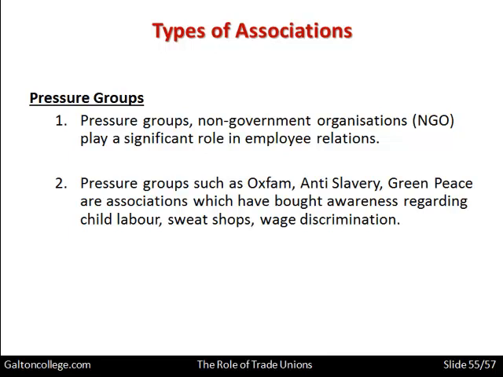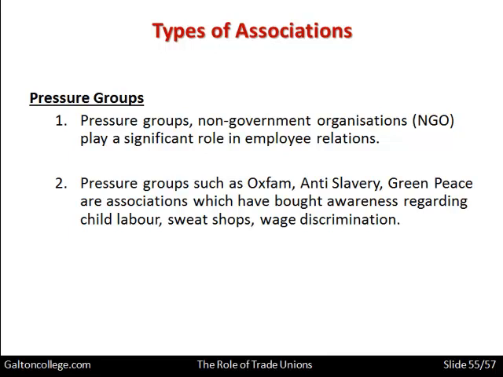So we have child labour, perhaps. We have sweatshops, people working ridiculous hours, working 12 hours a day, perhaps 6 days a week or 7 days a week. We could have wage discrimination, where females are paid less than males, doing the same job, but paid less. And what is the logic of that?